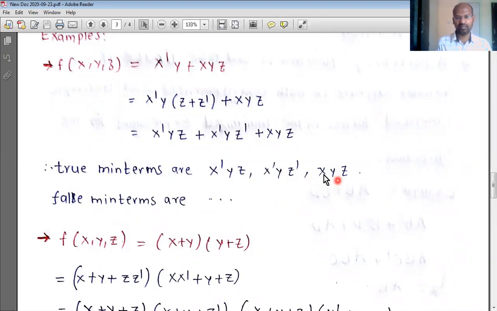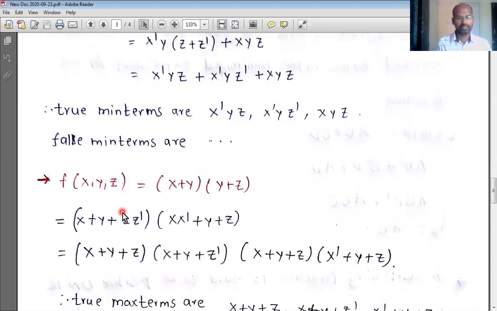For example, x bar y bar z bar is not in the true minterm list, so it is a false minterm. For that minterm, the function will have a value 0. Of course x bar y bar z bar is a minterm, but the required value is 0.